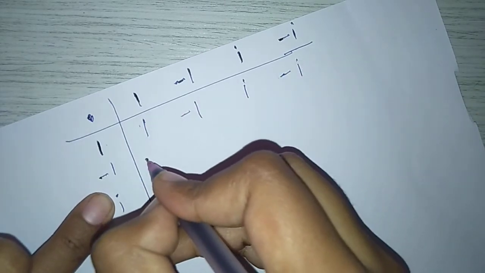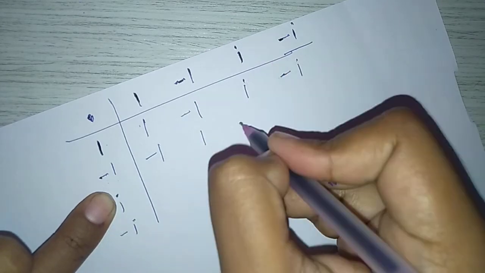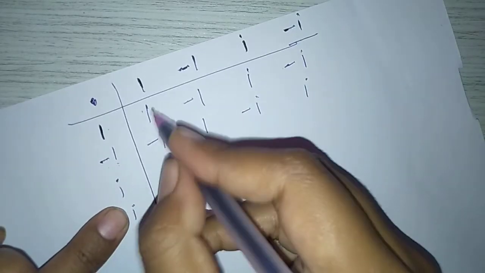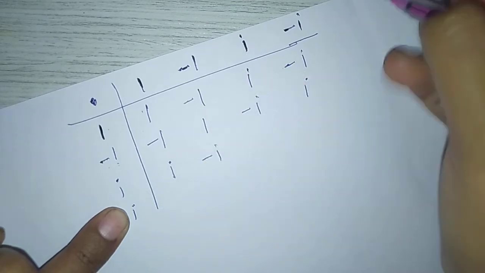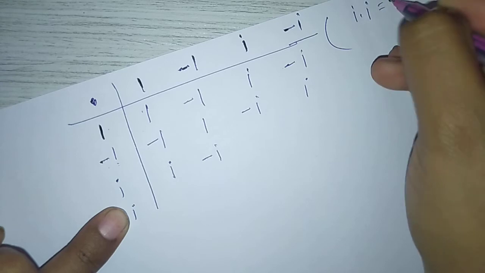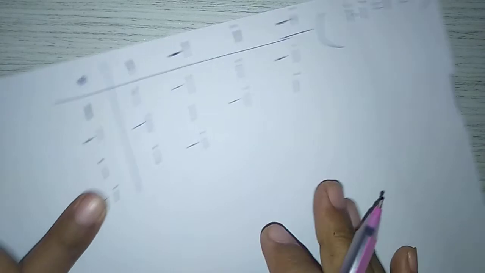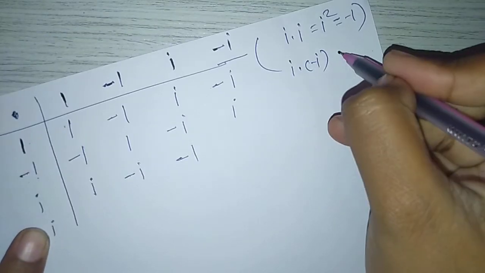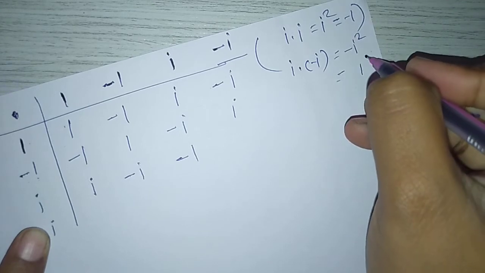Minus 1 into 1 is minus 1, minus 1 into minus 1 is plus 1, minus 1 into i is minus i, minus 1 into minus i is plus i. i into 1 is i, i into minus 1 is minus i, i into i is i square, and i square is nothing but minus 1. i into minus i equals minus i square, and minus i square equals plus 1.